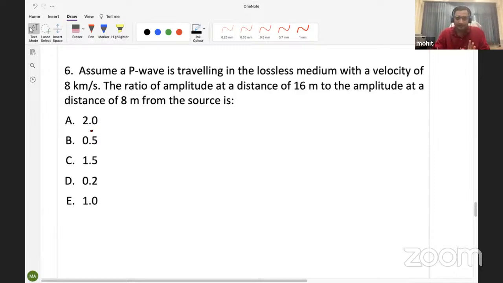So we know one thing: the body wave attenuation, the geometrical factor, with respect to distance is proportional to 1 by distance, or 1 by r.